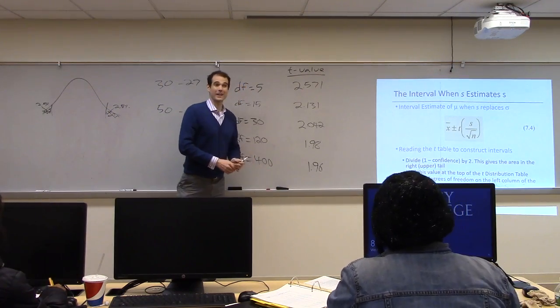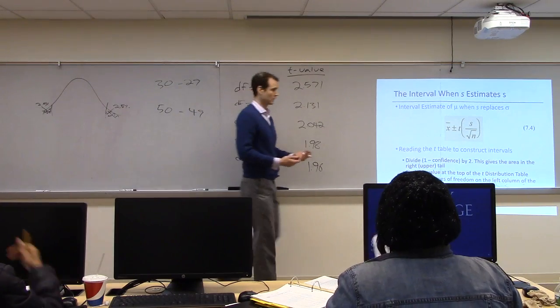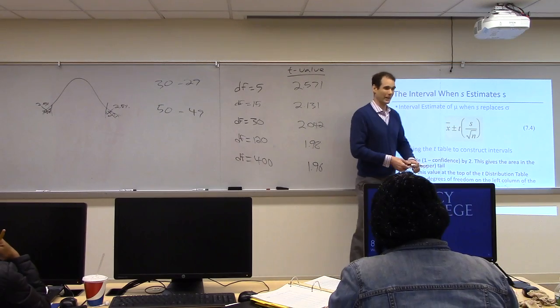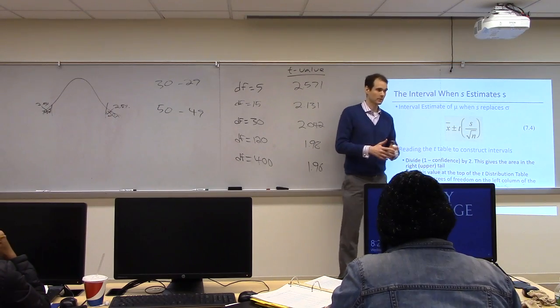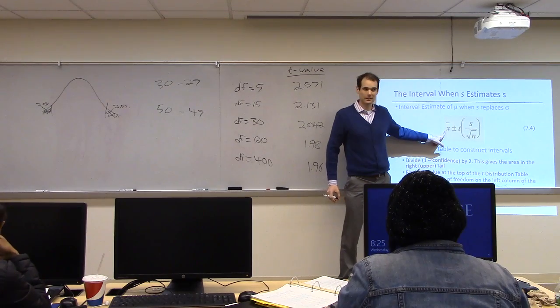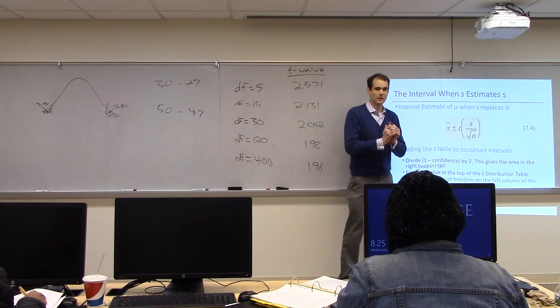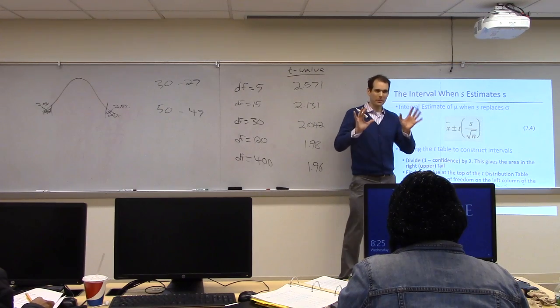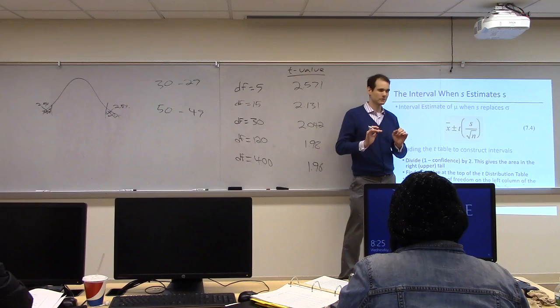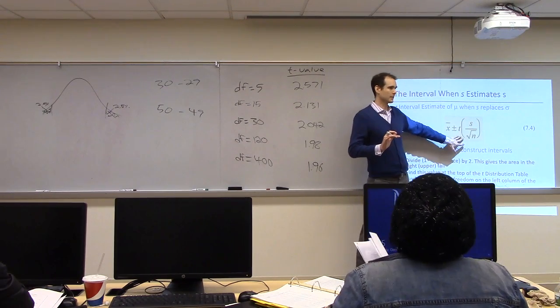Alright, so this is how we're going to construct our confidence interval. It should look familiar. We're going to collect some data. We're going to get a sample mean from that data. Now we still want to know the true population mean, but we do not know the population standard deviation, so we're going to have to change this around just a little bit.